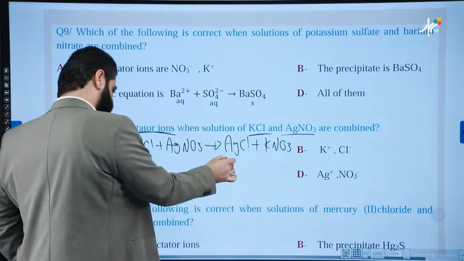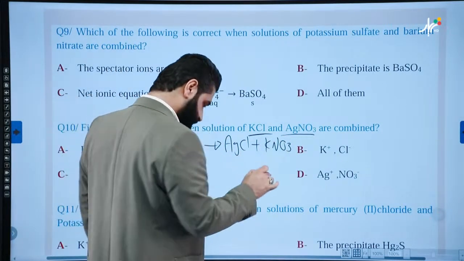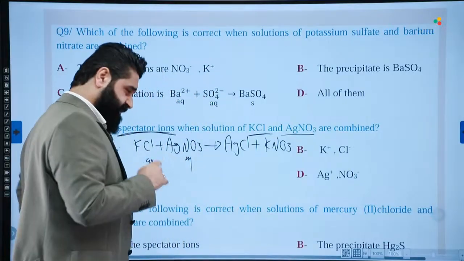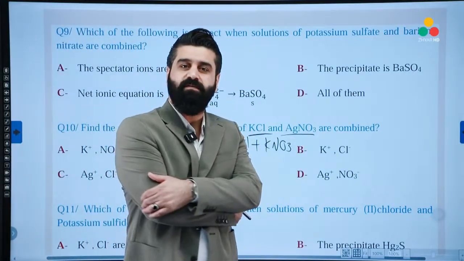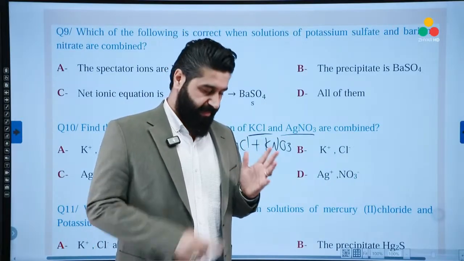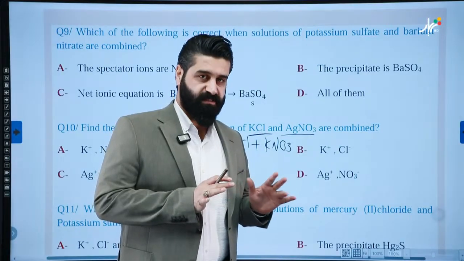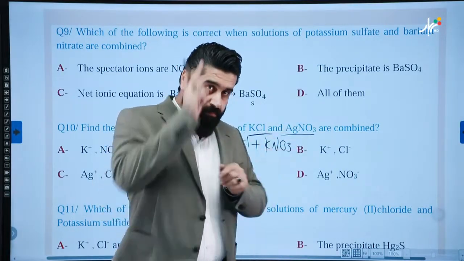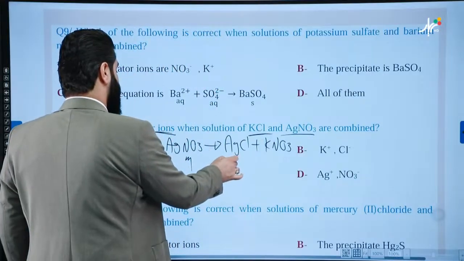Look at this. This is aqueous, and this one is AgCl. According to the rules, this is one of the exceptions. Chlorides, most of them are water soluble, but 3 of them are solid: lead chloride in cold water, mercury monochloride, and silver chloride.